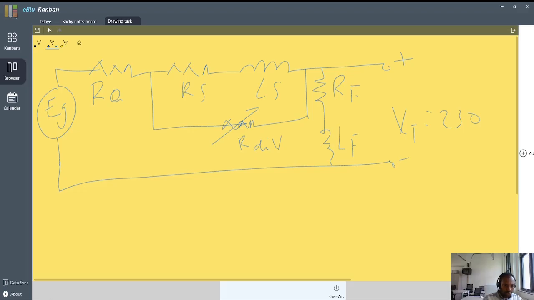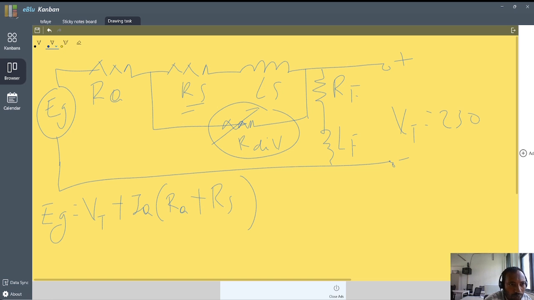Now the induced EMF EG is going to be VT plus IA times. In a normal long shunt we usually have RA plus RS. Now we have a diverter resistor here, so there is an additional resistor in parallel with RS.